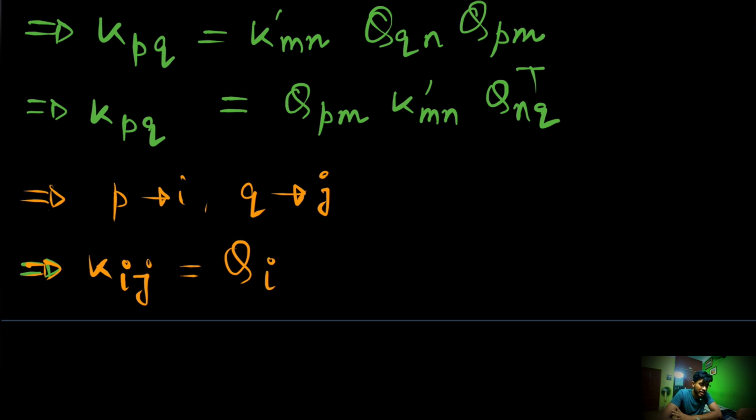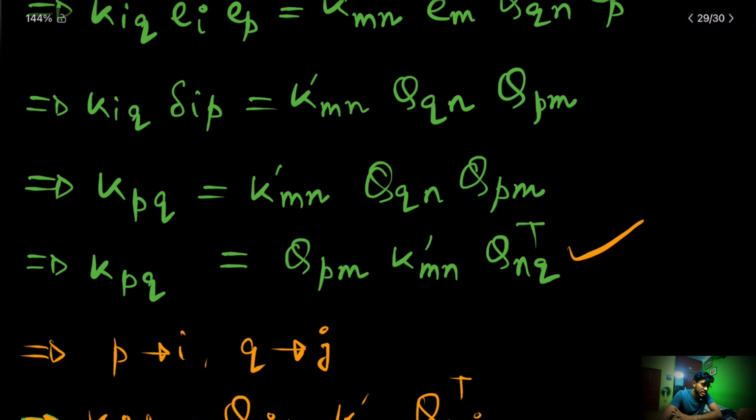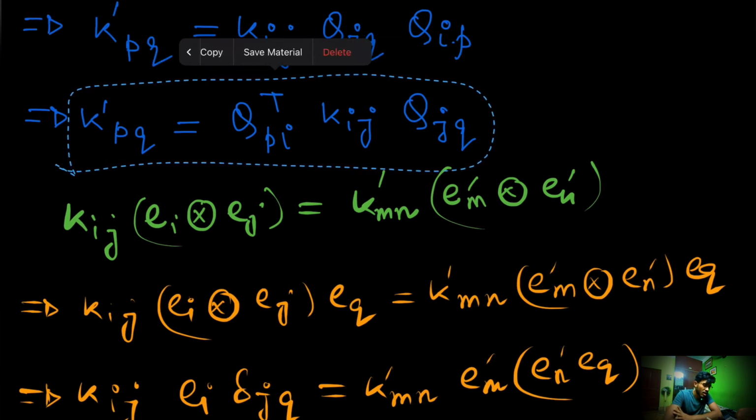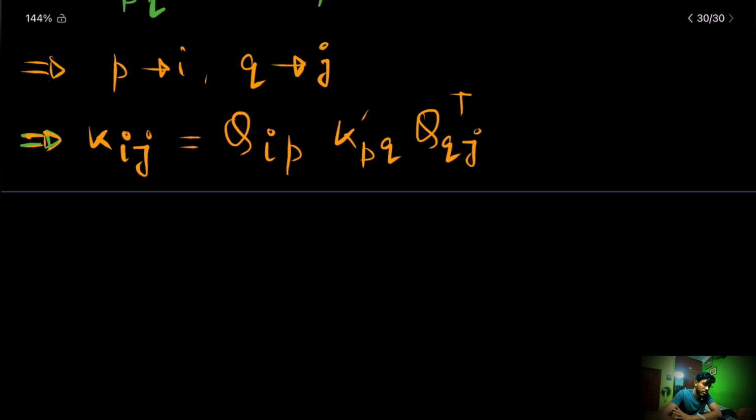Instead of M I will be writing P, then it will be K dash P. Instead of N I will be writing Q, and instead of Q in this equation I was writing J. Now this is okay. Now I will write this equation and this equation side by side. So just let me copy it and I will be pasting here.